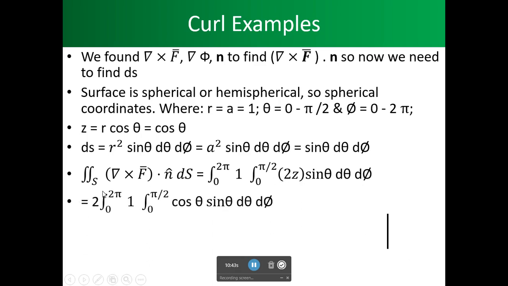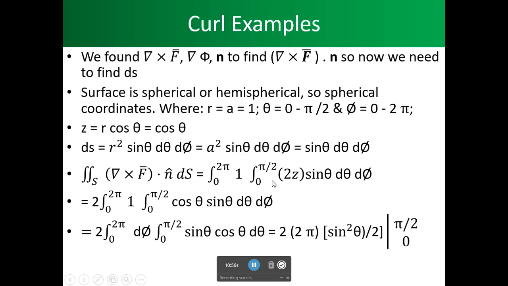So we can take the 2 out, and we know that z is equal to what? The cosine of theta. So we're left with the cosine of theta times the sine of theta d theta d phi. Then we have our 2 that comes out.